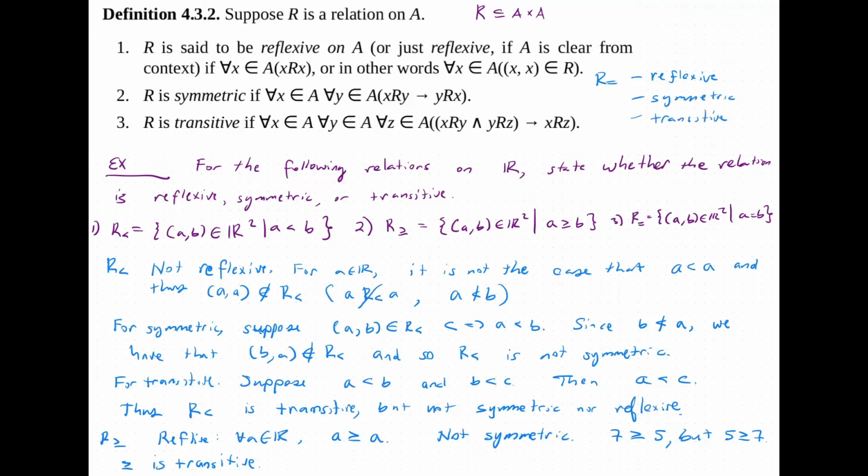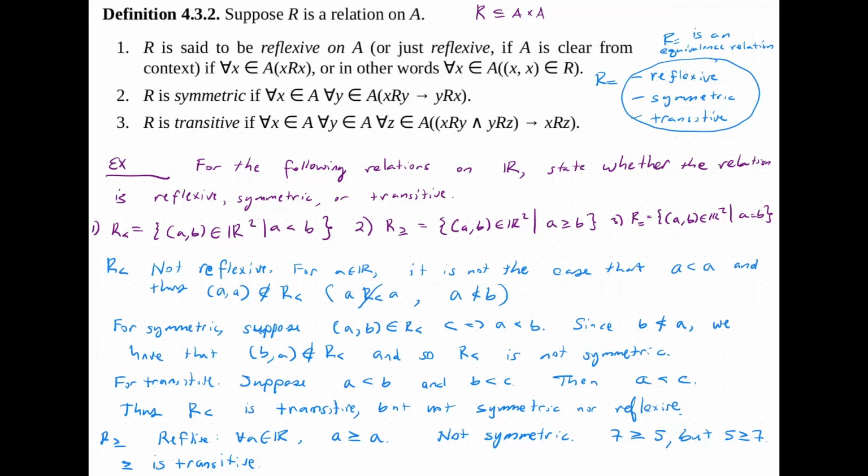And whenever these three properties are satisfied, we call these types of relations equivalence relations. So I'm not going to discuss this further today, but that is a topic for our next lesson. And so equality is an example of an equivalence relation.